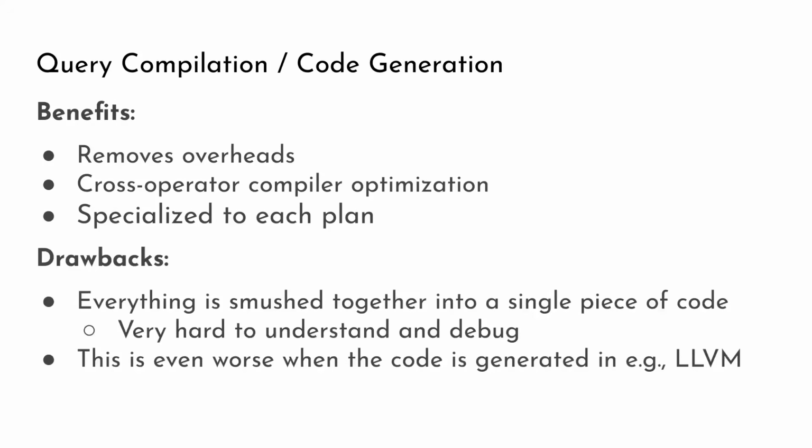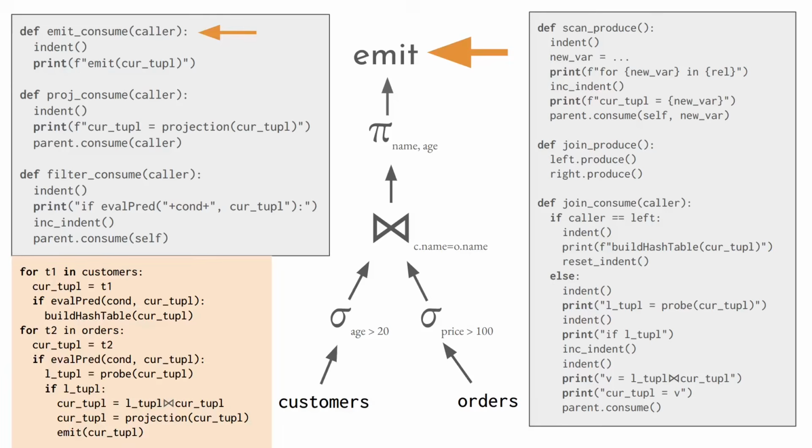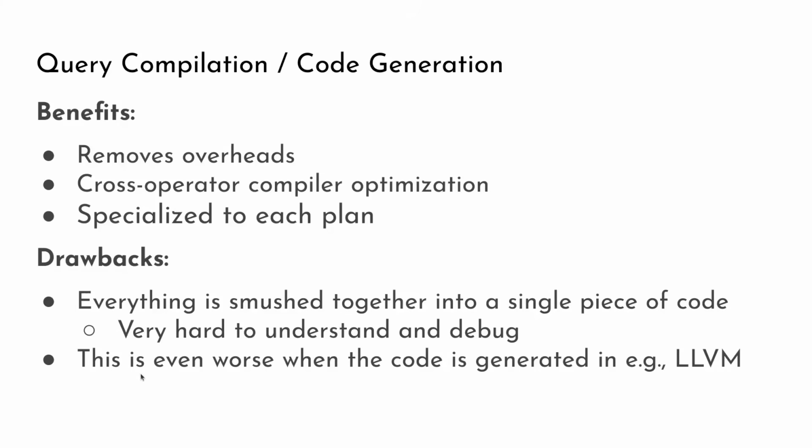Everything is smushed together into a single piece of code. It's very hard to understand and debug. You can't go and say, oh, I want to see what's happening in the joins. Well, no, because the joins are mixed around the code along with code for the filters and the projections and things like that. And in particular, things get even worse because many times these code generators, instead of generating, say, C++, generate LLVM IR.